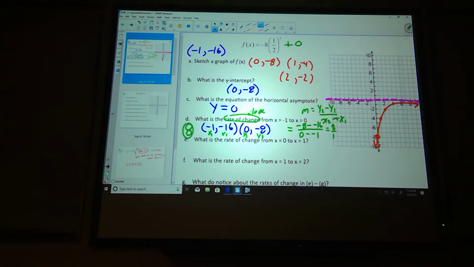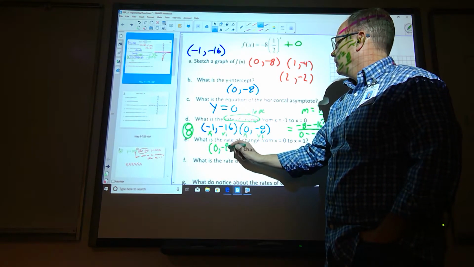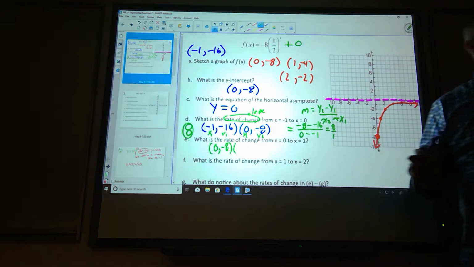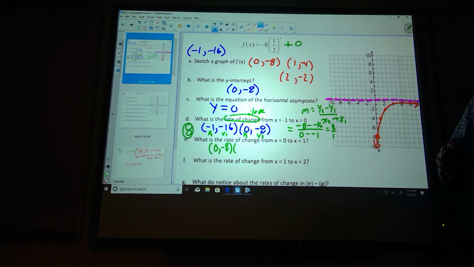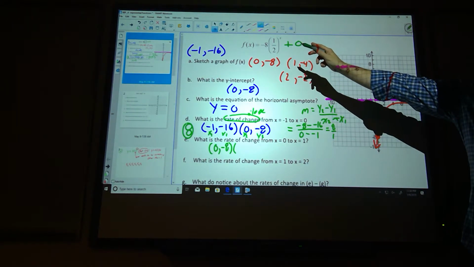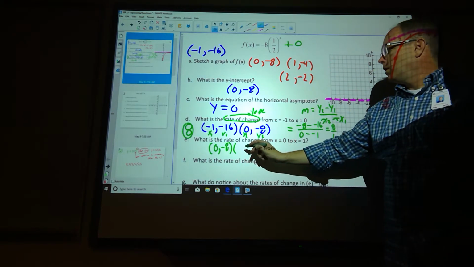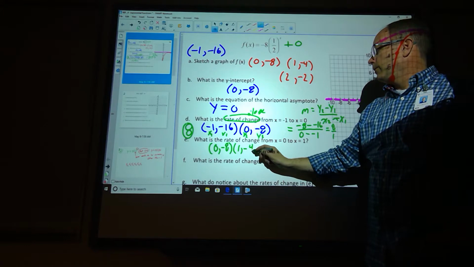Now it's asking for the rate of change from 0 to 1. Well, I know I have 0 comma -8. And what happens at 1? 1, -4. Okay.